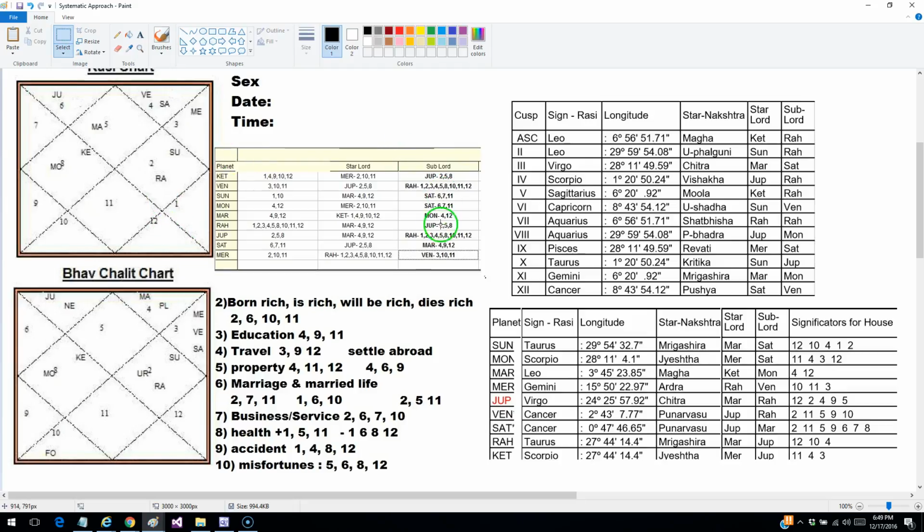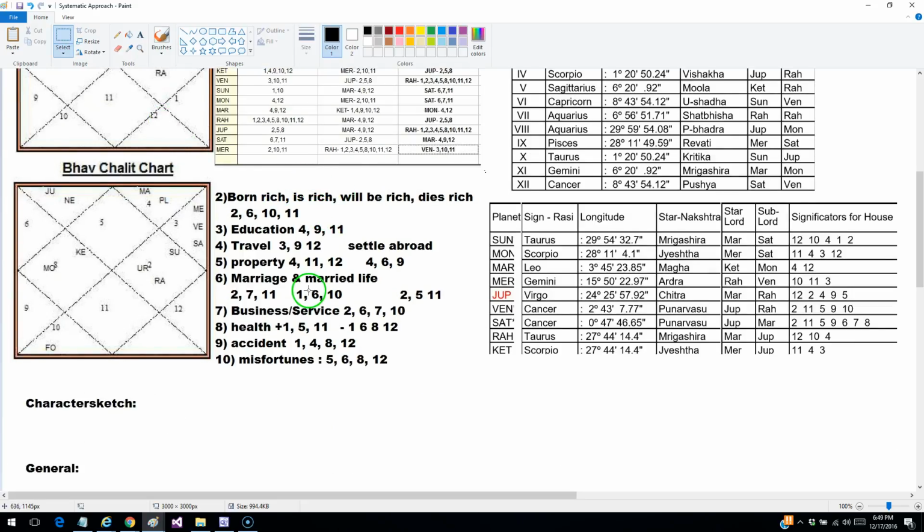So when you are analyzing a chart for your education to enhance your predictive skills, you might want to write as many questions as possible for your own study. Here is the chart, and your question is whether this person is born rich or poor, or about the material prosperity from different shades.